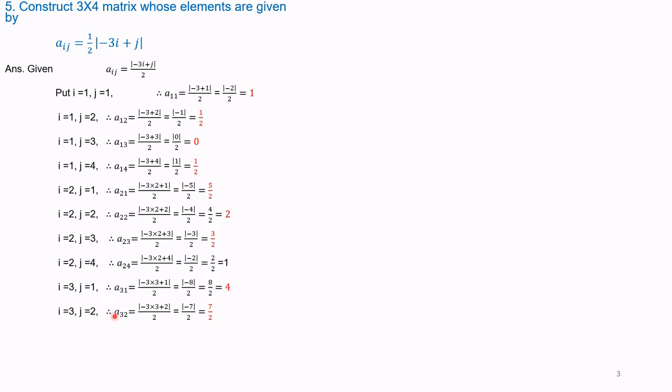For A32, the element is 7 by 2. For A33, the value is 3. And for A34, that is row number 3, column number 4, the value is 5 by 2.